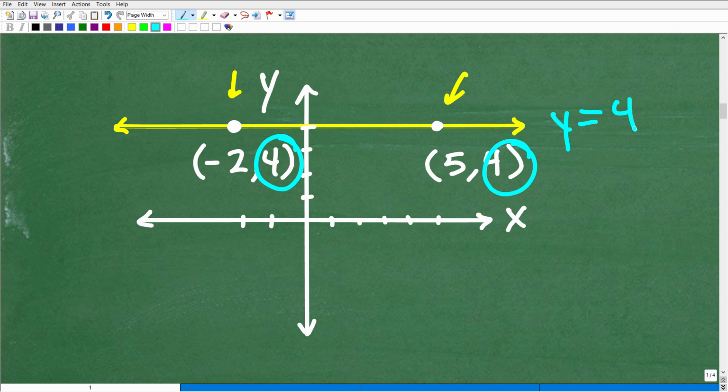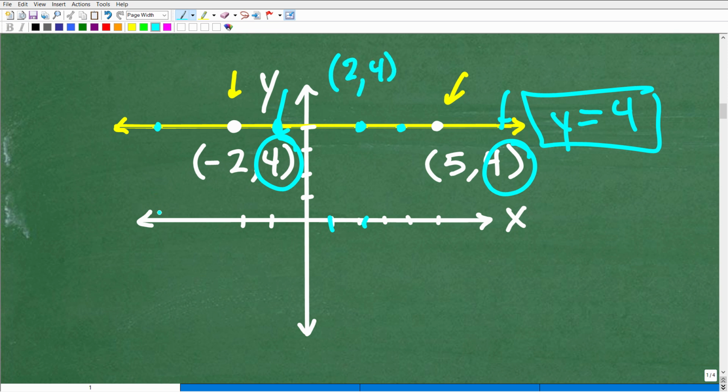So if I told you to write the equation of this line, this would be a horizontal line because the line is going through 4, not only in these two coordinates, but any coordinate along this line. This point right here, for example, would be 2, 4. This point over here might be something like, I'll just make something up, -6, 4.